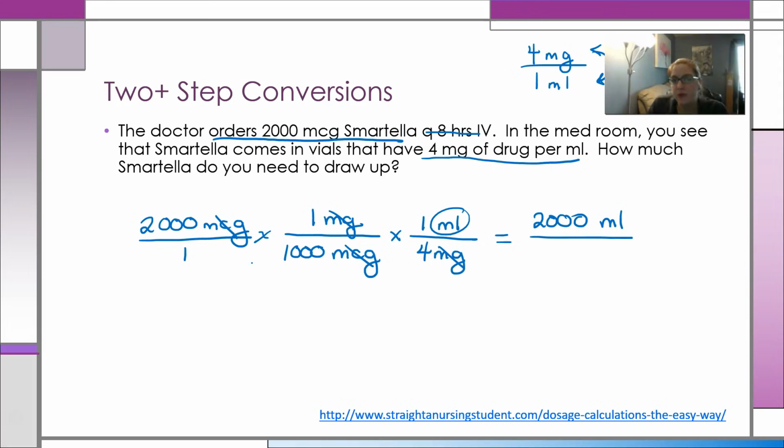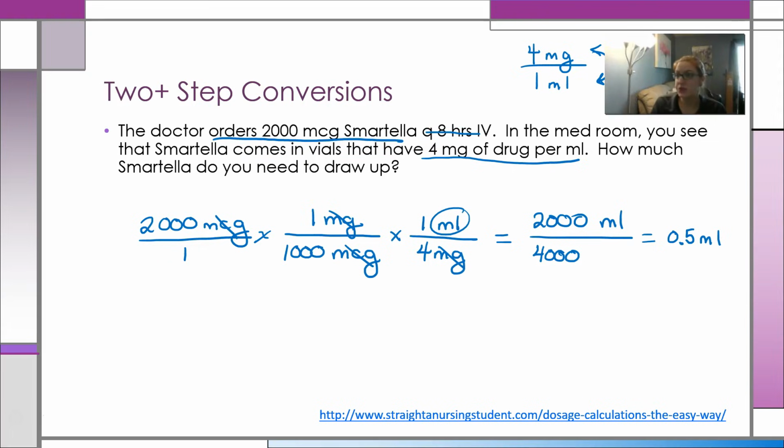Now on the bottom you have 1 times 1,000 times 4, which is 4,000. And there's no units, so I simply have to divide. 2,000 divided by 4,000 is going to be 0.5 milliliters.